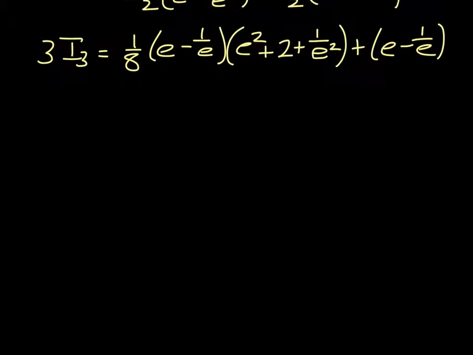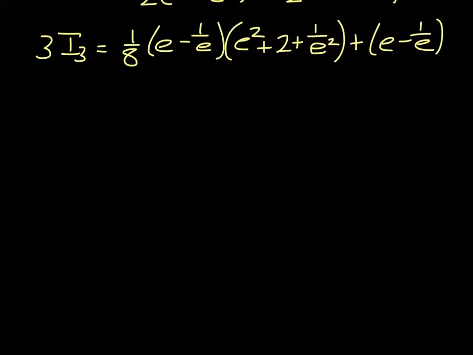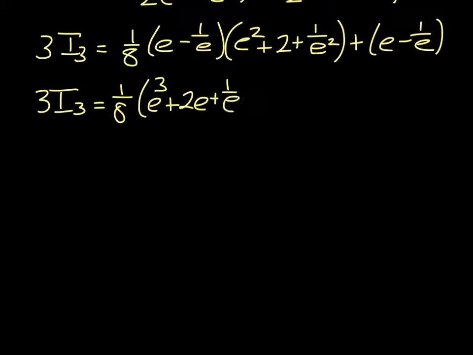So now we need to do some manipulation and expanding brackets. 3 I3 equals 1/8 times e cubed plus 2e plus 1 over e, and then I'm going to multiply by the minus 1 over e. So that is minus e minus 2 over e minus 1 over e cubed.